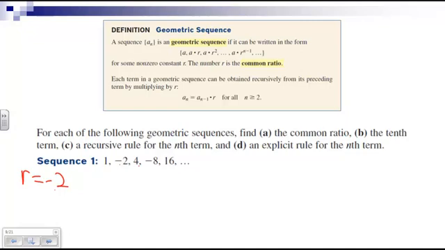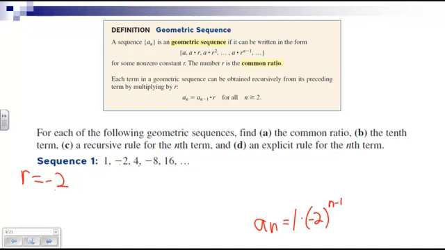Well, you know what I'm going to do? I'm going to go cheat, and I'm going to go to the explicit rule. What's the explicit rule for this sequence? A sub n is equal to the first term, 1, multiplied by the common ratio, -2, to the n minus 1 power.